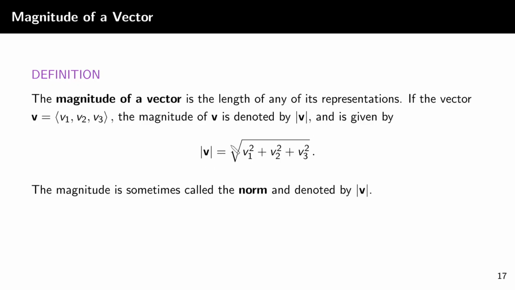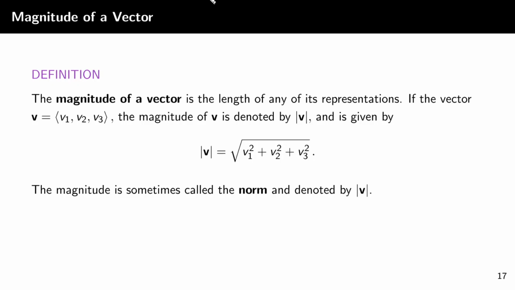But since hindi naman number ang vector, hindi absolute value yung ibig sabihin nito. Okay. So if we have two vertical lines and a vector inside it, it will denote the magnitude of the vector. So it is given by this formula.